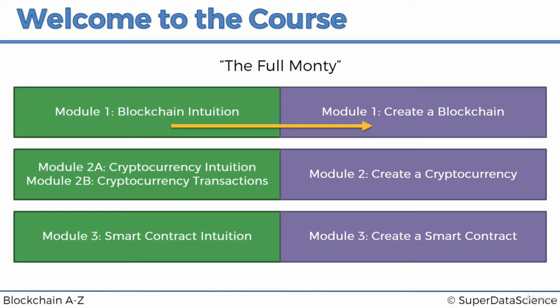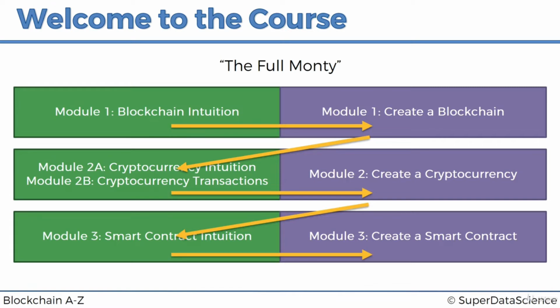So Module 1 intuition, then Module 1 practical, Module 2 intuition, Module 2 practical, Module 3 intuition, Module 3 practical. That way you will cover absolutely everything. However, this will take a lot of time, and in this case you will need to do both the intuition and the coding aspects. So that's the full Monty approach. That's of course the most challenging approach and most thorough approach at the same time.